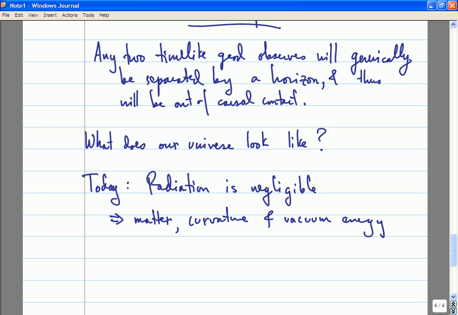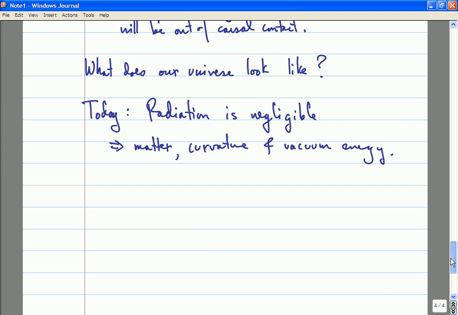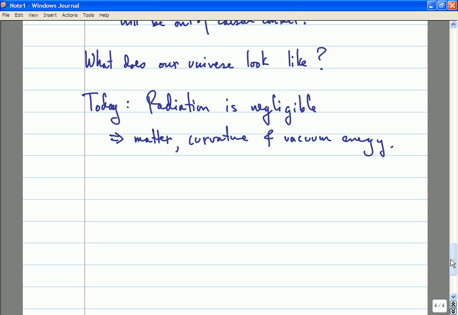And so it's typical when cosmologists discuss the dynamics of our universe today not to use the parameters rho matter, rho curvature, and rho vacuum energy, but instead they redefine them by a factor of h squared.